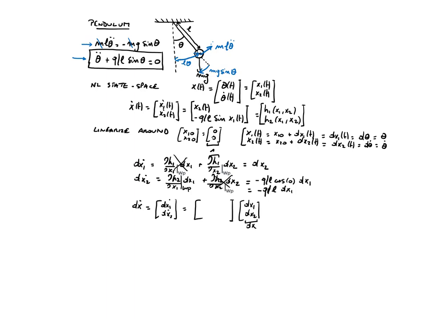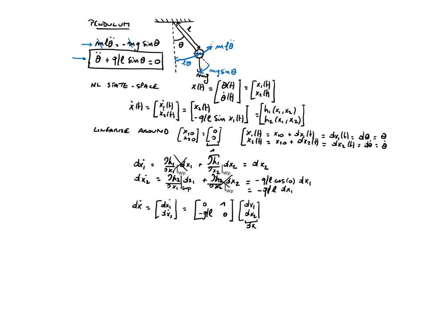So dx1 dot is equal to dx2, so we have 0 1 over here, and dx2 dot is minus g over L dx1, so we have minus g over L over here and a 0 over here, right?